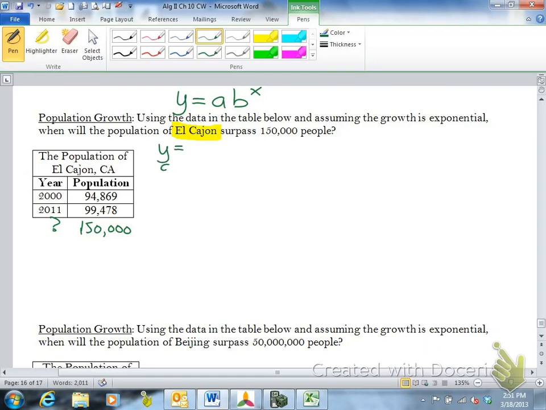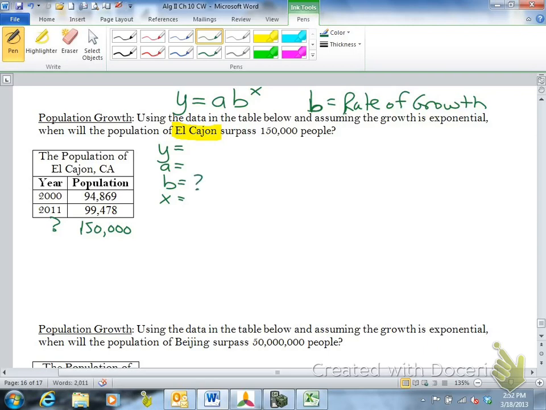So we have y, a, b, and x. B represents the rate of growth of El Cajon. We're not told in this question what percent the population is increasing. In all the other questions, we were able to figure out what the rate was because they told us. But this one we have to figure out the rate. So we don't know b.